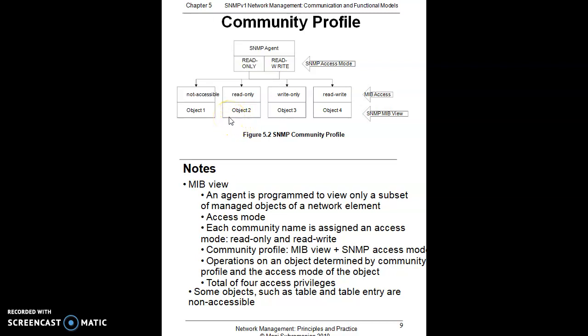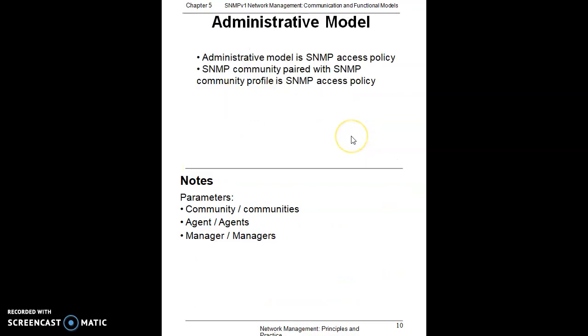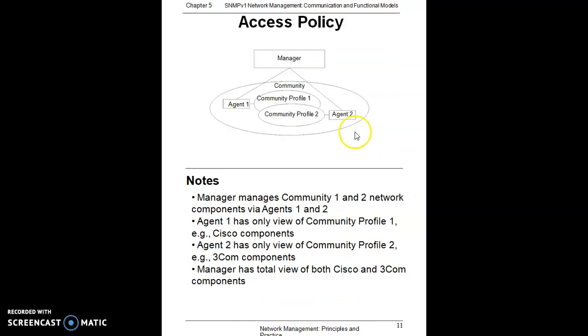They can view the message, but they cannot send or write the message. But in read write mode, they are able to access, send, and receive the messages. In read only mode, they are able to receive only the messages, whereas administrators can read and write the operations. So this is the administrative model, which comes with the access policy.